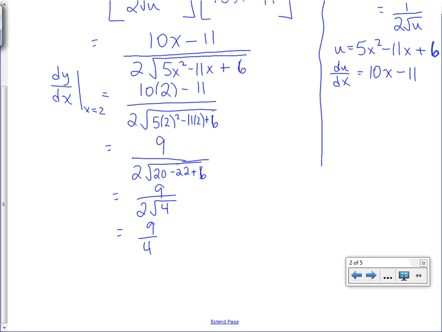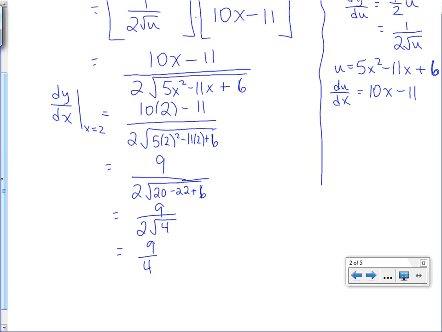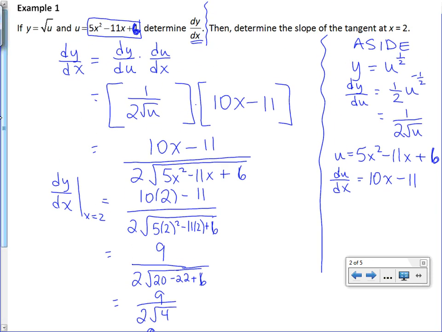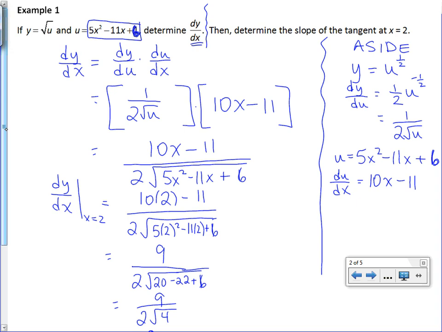And if you had to, could you then find the equation of the tangent? Okay, well, maybe I'll throw that at you. So if you had to find the equation of the tangent, you have the slope. What other piece of information do you need for an equation of a tangent? You need the y coordinate, right? You have x is 2.